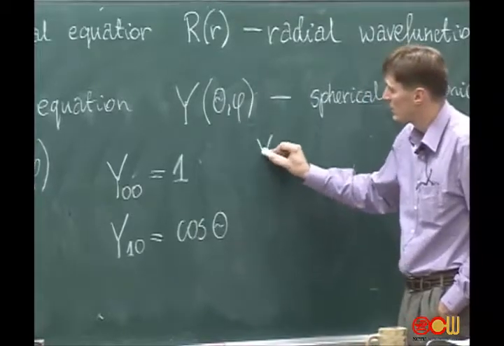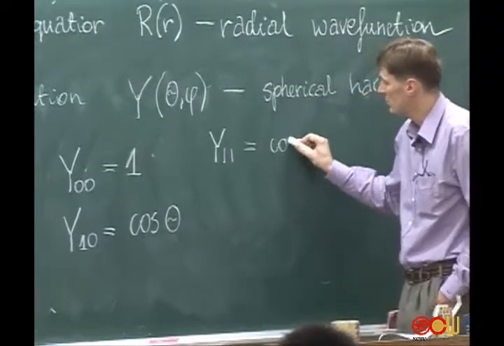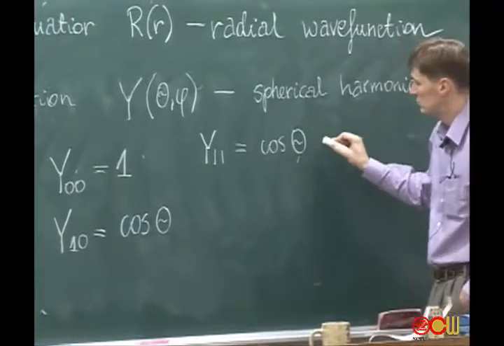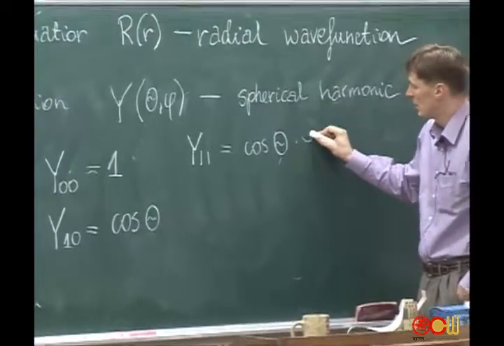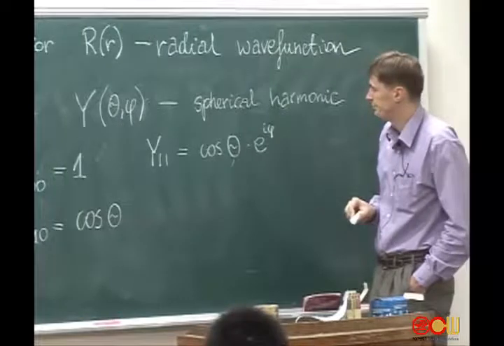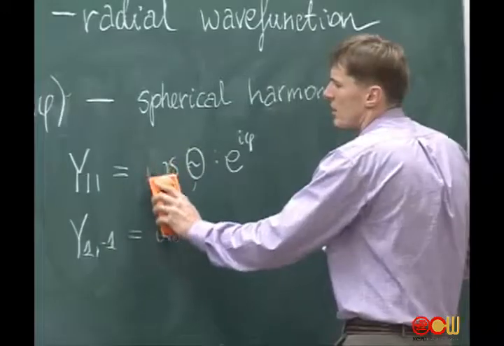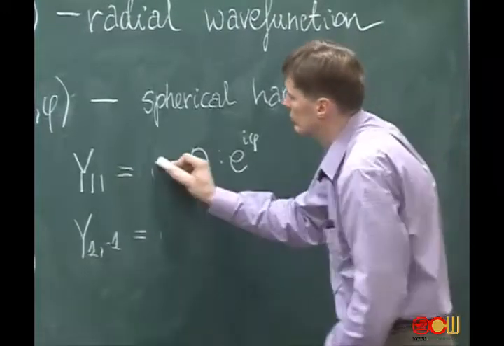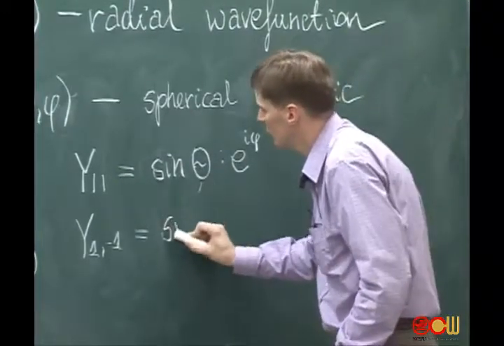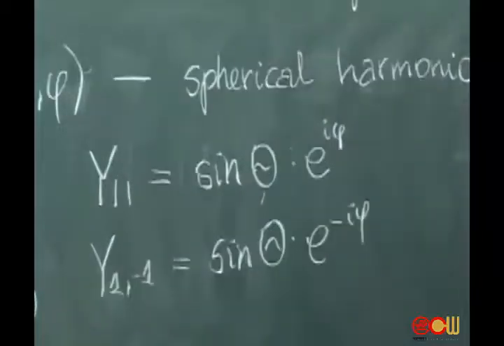Next one is 1, 1. And this one is given as a sine theta multiplied by e to the power i phi. Another one is 1, minus 1, and this one is equal as a cosine, I'm sorry, there should be sine here, times e to the power minus i phi.